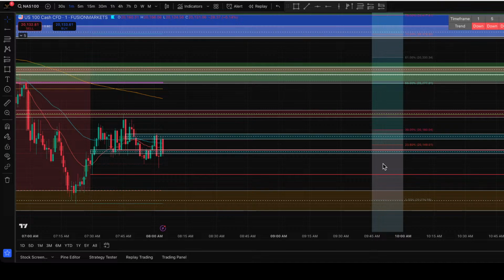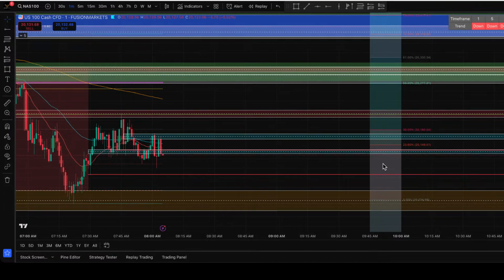Again, this thing wants to push down, just taking its time. Yeah, this is very messy. By this time, we should have at least gotten a confirmation or been close to a confirmation.